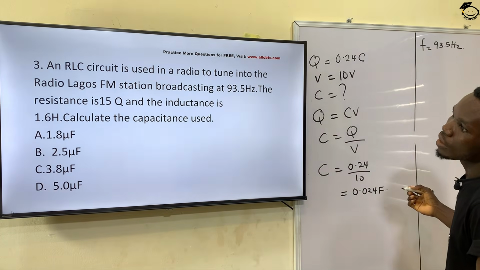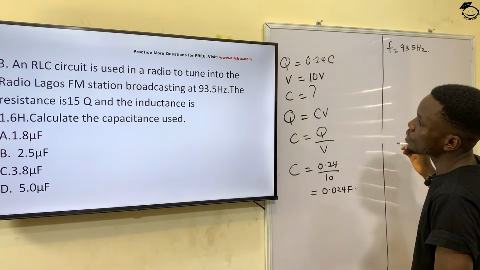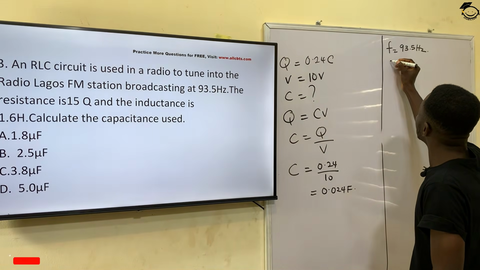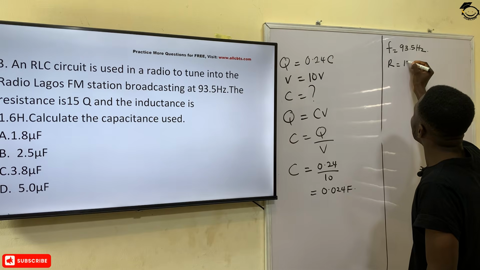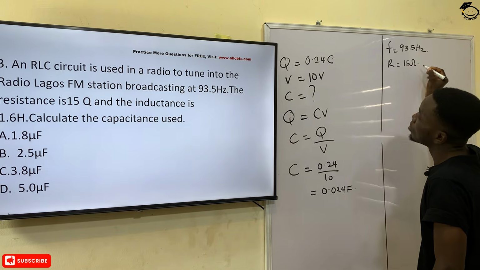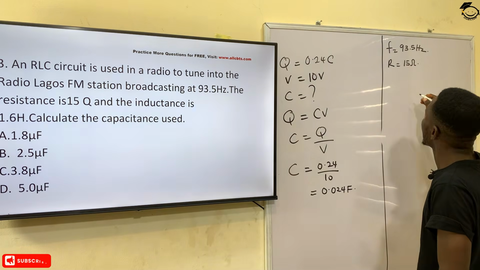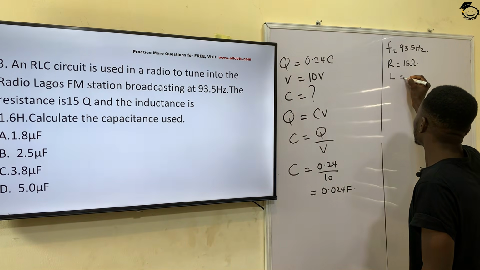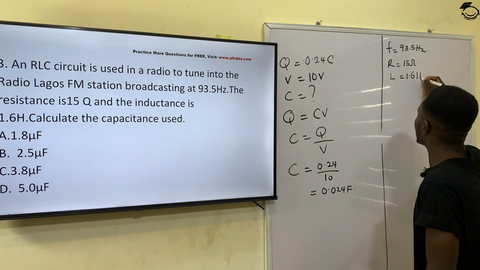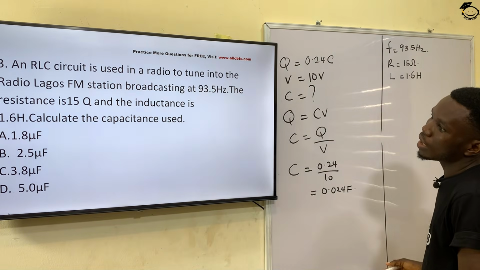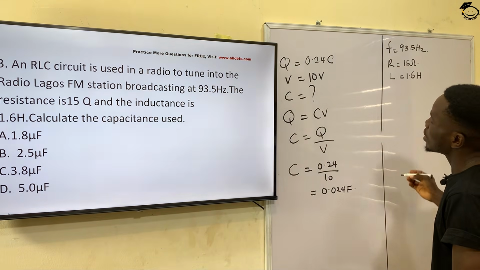Then it said the resistance is 15 ohms, and the inductance is 1.6 Henry. Then it said calculate the capacitance used.